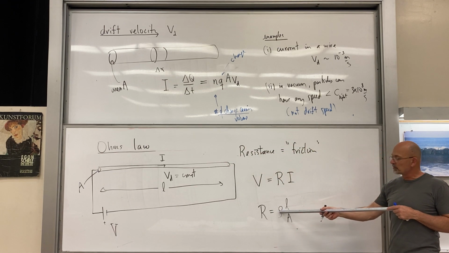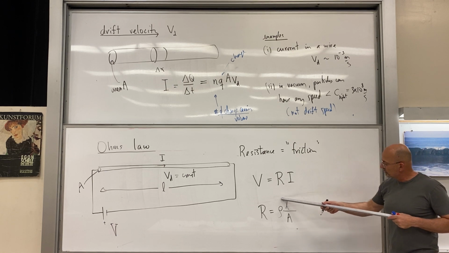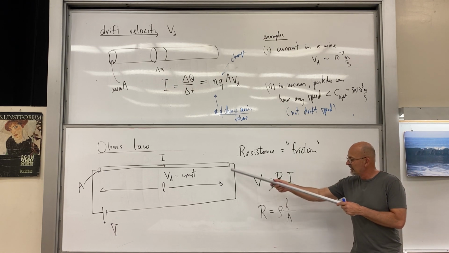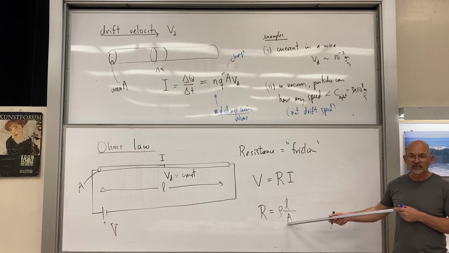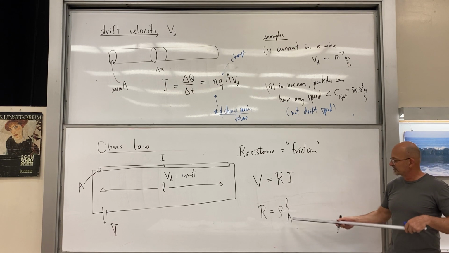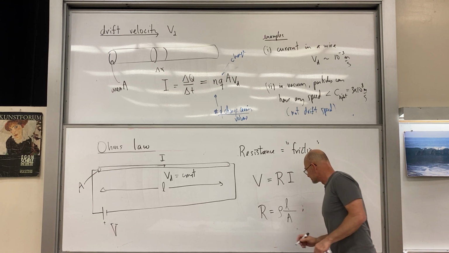This is a material property, and you can see that the longer the wire is, it scales with the length and goes as the inverse of the cross-sectional area here. So that's the resistance formula.